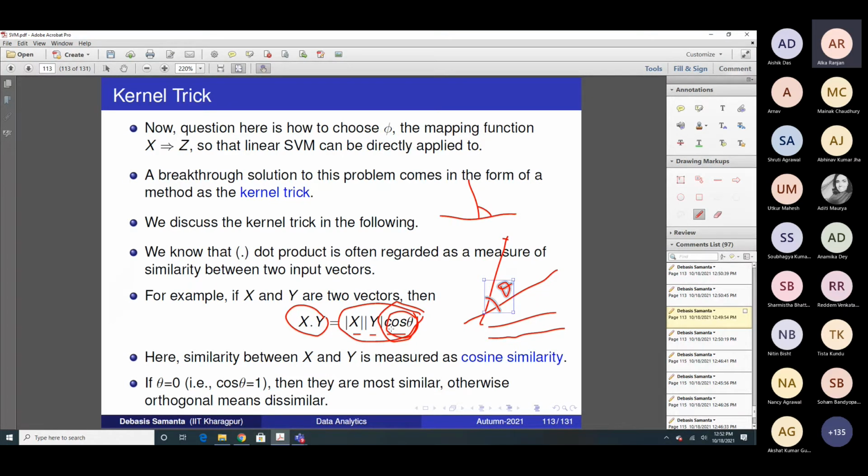As I said, x dot y and phi x dot phi y are equivalent. So from the equivalence relation, they are effectively the similarity measure of the two vectors. How similar the two vectors are, we can test by taking their dot product. And here the kernel trick comes into the picture.